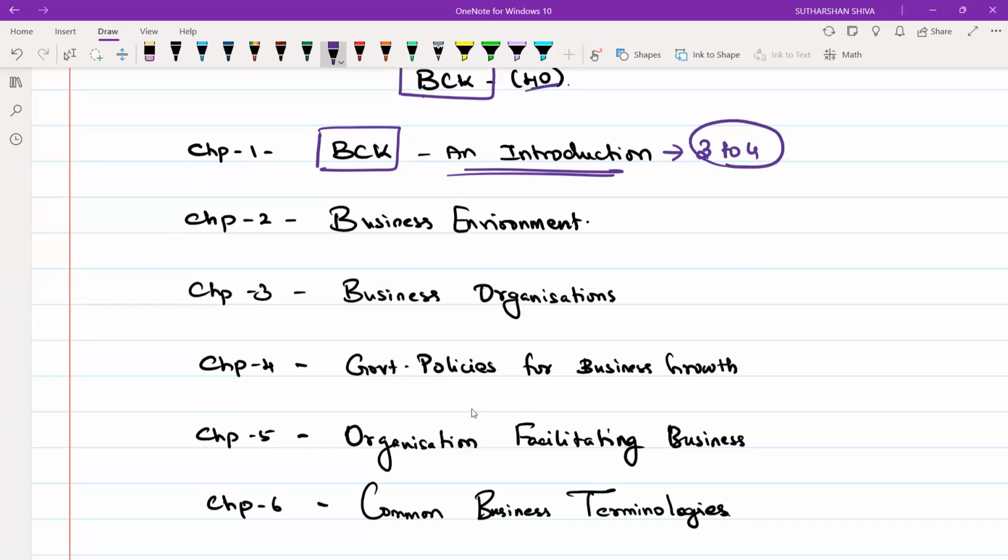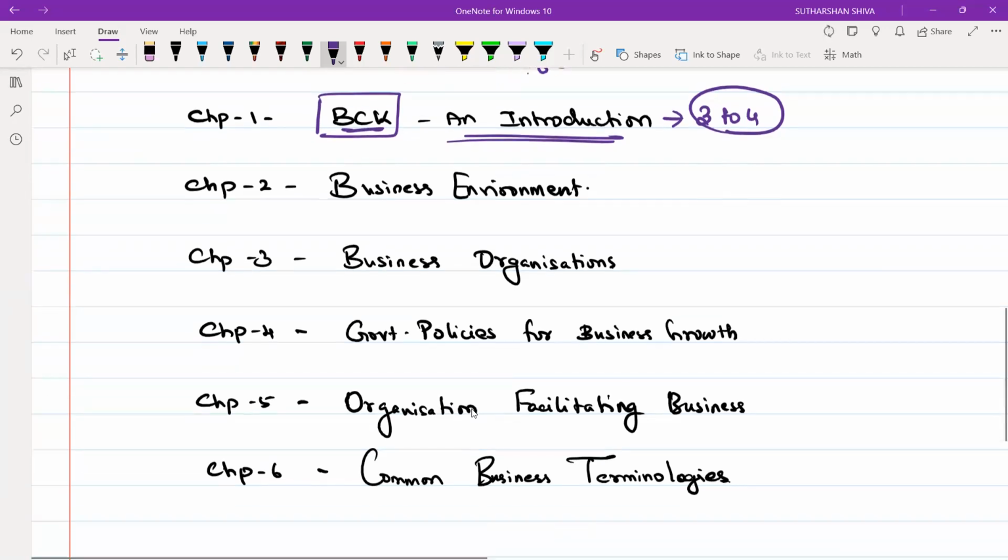It is not assumed that 40 divided by 6 will give you 6 to 8 marks from each and every chapter. It will not work. So 3 to 4 marks will only be tested on BCK majorly, approximately. So you can prepare this as a first scenario to know what is there in BCK.